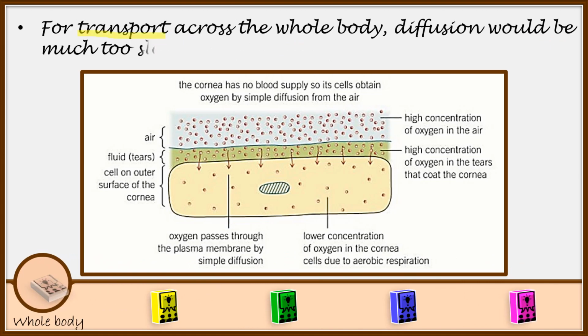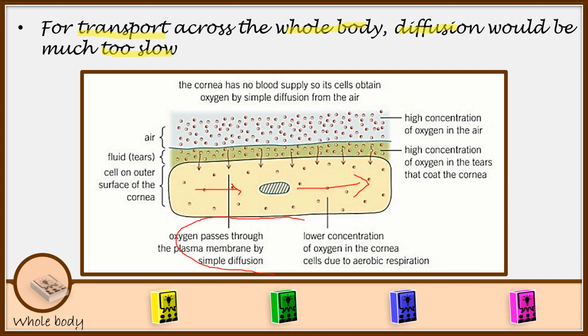For transport across the whole body, diffusion would be too slow. To transport substances by diffusion across the whole body, diffusion would be very slow. But diffusion within a cell is very fast.